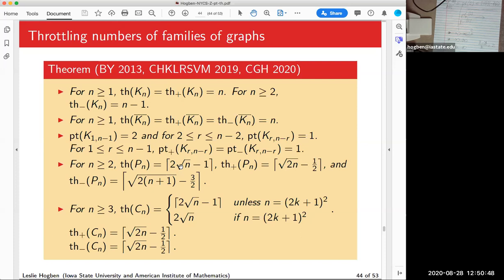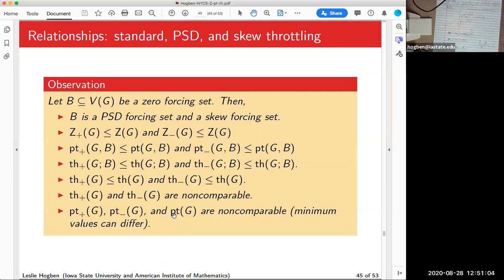And for the skew and the PSD, these are very path specific, having to do with everything is degree 1 or degree 2. And the same thing for cycles.